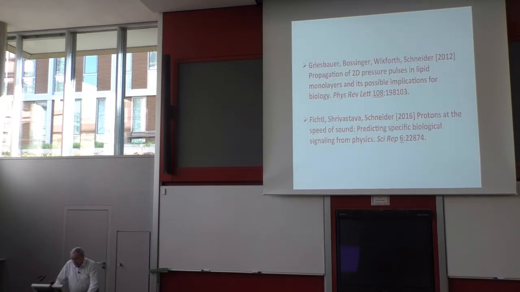And now, these are two references which, again, may have been seen from the work of Matthias' student, from Weizmann, Bernhard Fichtel and Shamit, who is here, who showed that you could initiate a wave in a monolayer by applying a proton impulse.